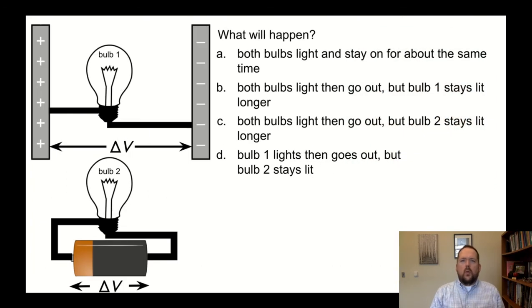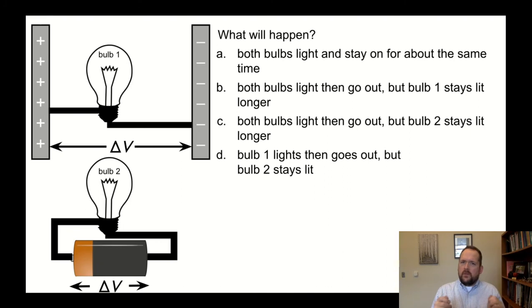So I think one final question to think about our system here. If we have the capacitor that we've connected to bulb 1, which is the same situation we saw a few slides ago, and we compare and contrast that to an identical bulb 2, but bulb 2, instead of being connected to the capacitor, is connected to a battery.